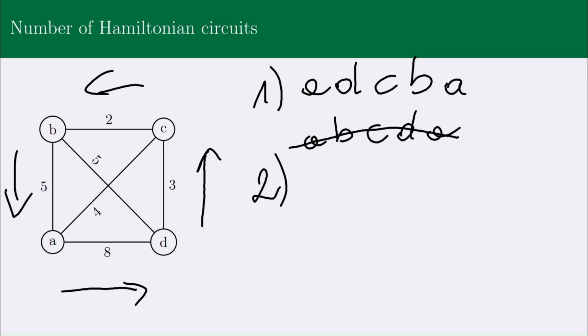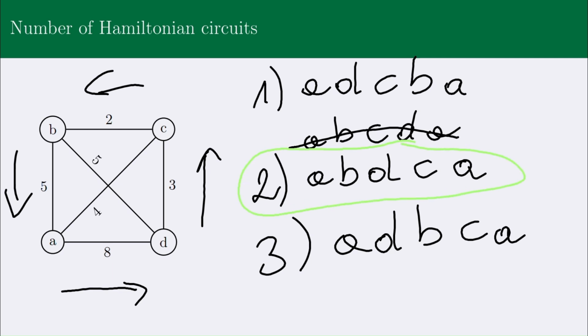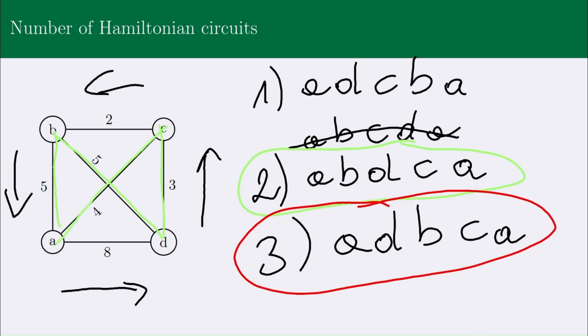So another option, for example, like that, we can go from A to B, and then this way to D, C, and A. Okay. And the third option, A, D, B, C, A. So maybe I will show it on the picture. So it will be like that. Okay. And this will look like that.